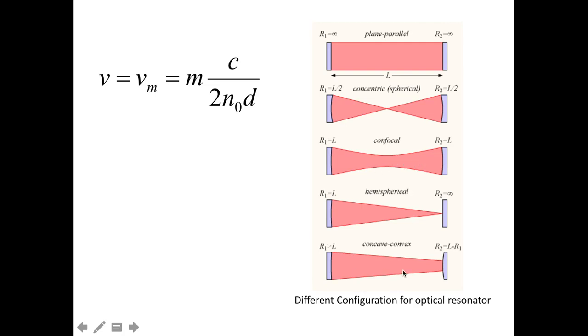And the last one is the concave convex cavity resonator. Here, one mirror is convex, with negative radius of curvature.